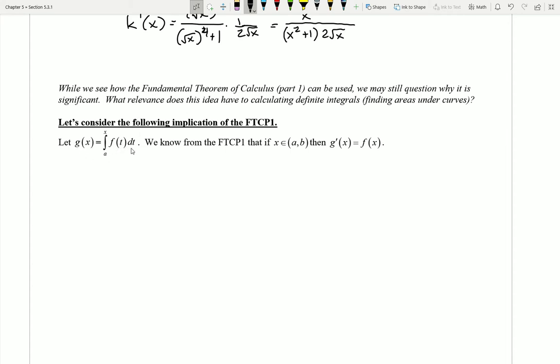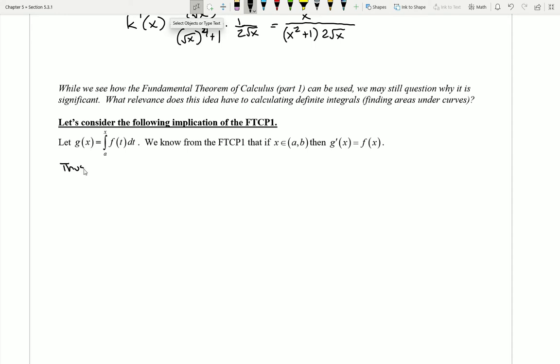Let's suppose again we have one of these integral functions, and we know from the fundamental theorem of calculus that, as long as x is in the interval from a to b, the derivative of this function is going to be f of x. Well, now I'm going to pull on some knowledge that we learned near the end of chapter 4, about antiderivatives.